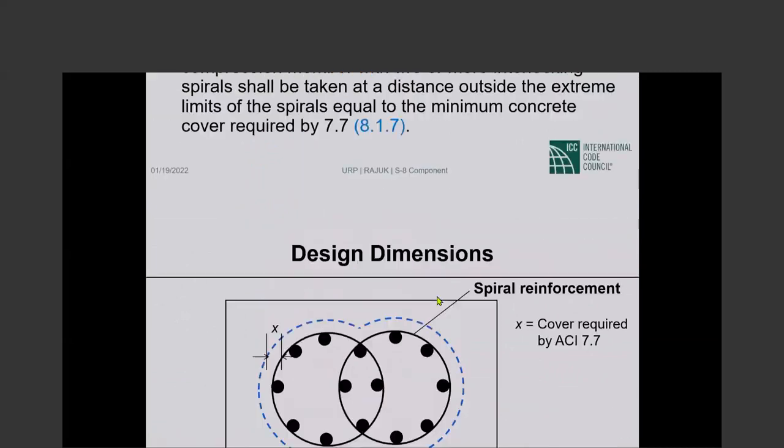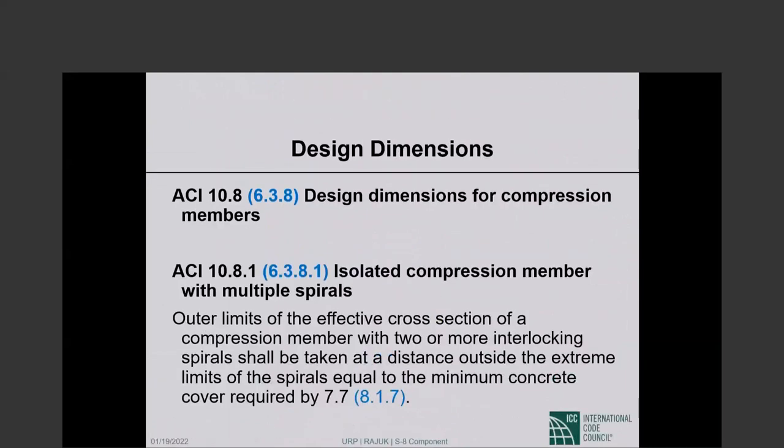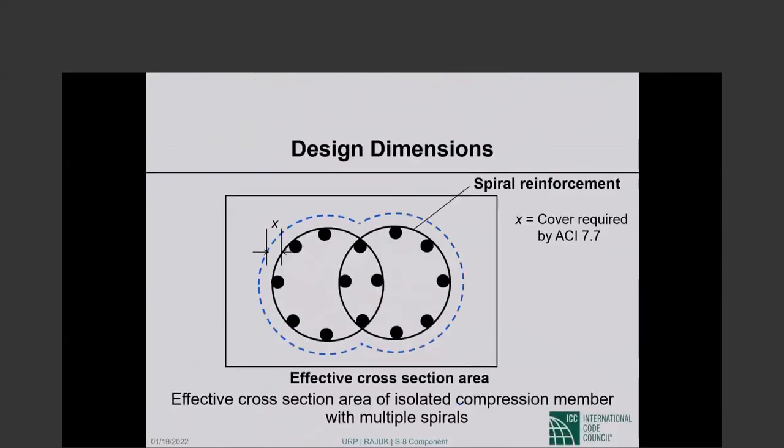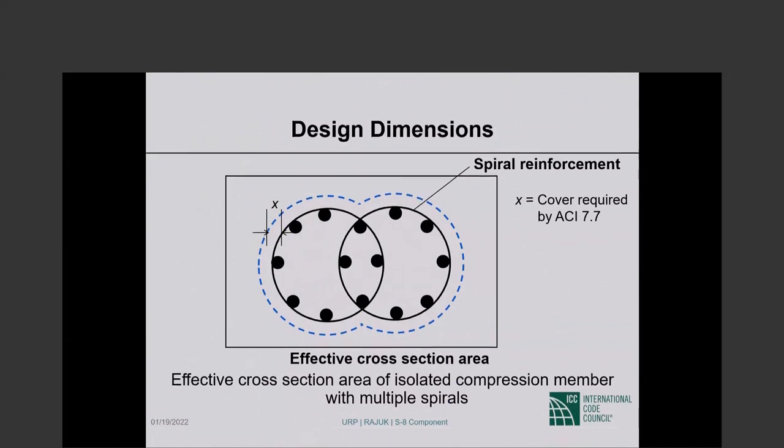Okay, so maybe after seeing that: outer limits of the effective cross-section of a compression member with two or more interlocking spirals shall be taken at a distance outside the extreme limits of the spirals equal to the minimum concrete cover required by 7.7. So that is the minimum cover that the text was talking about.